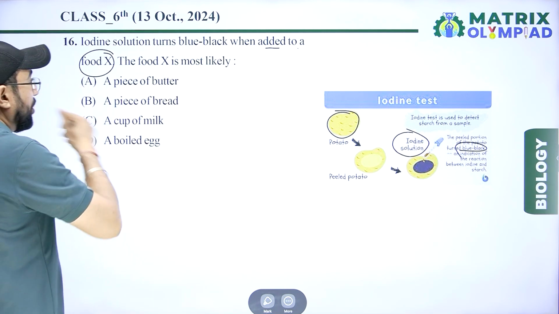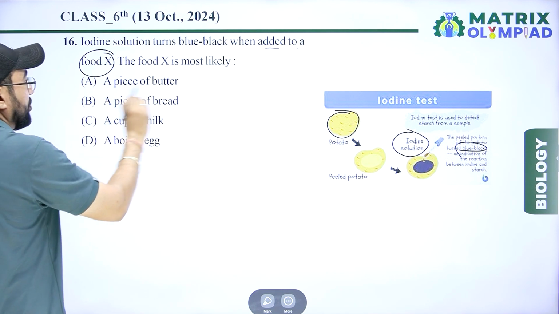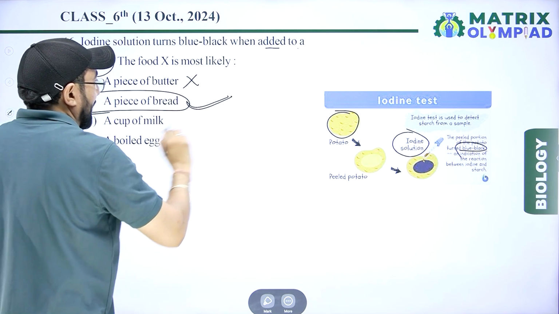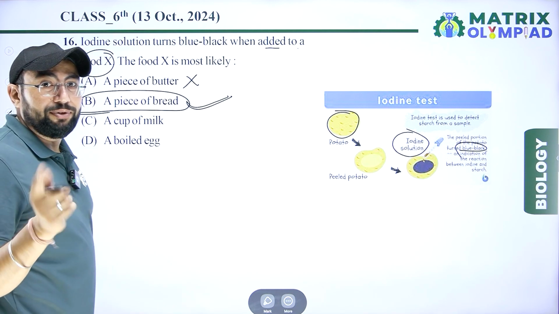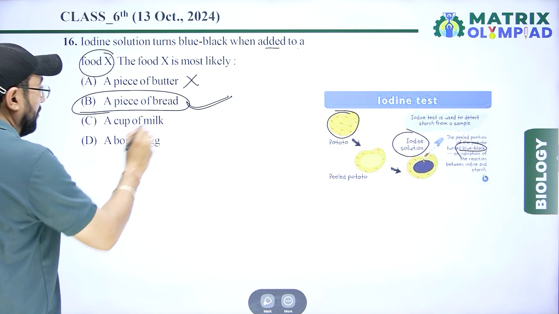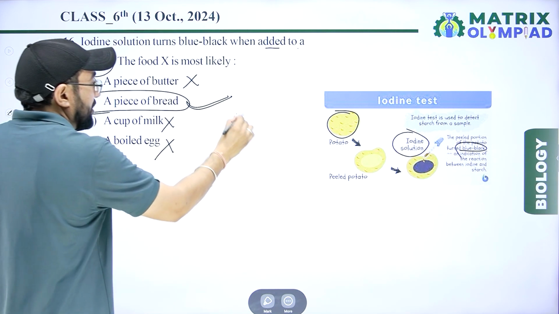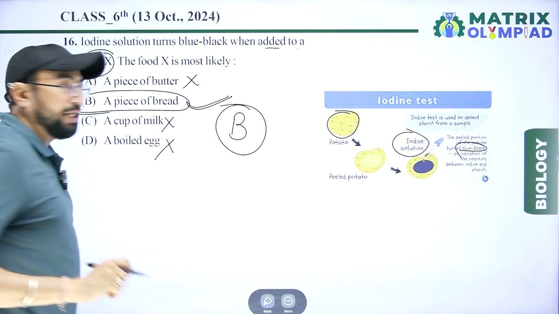So a piece of butter, wrong. A piece of bread, right answer, because of the presence of starch in bread. Milk, wrong. Boiled egg, wrong. The right answer is option B.